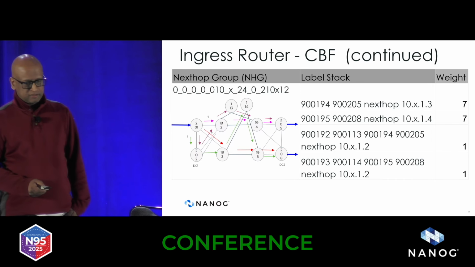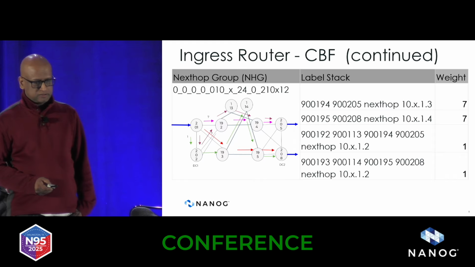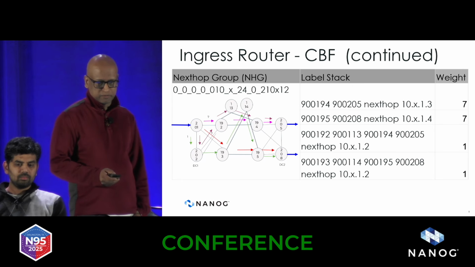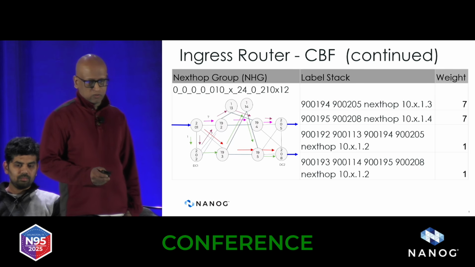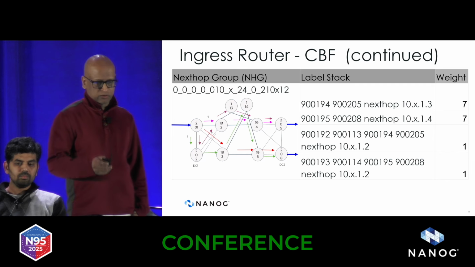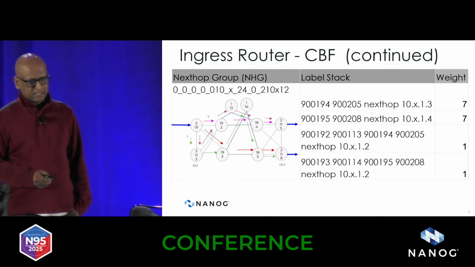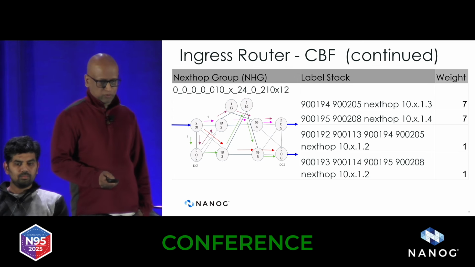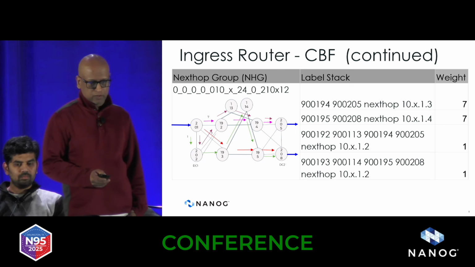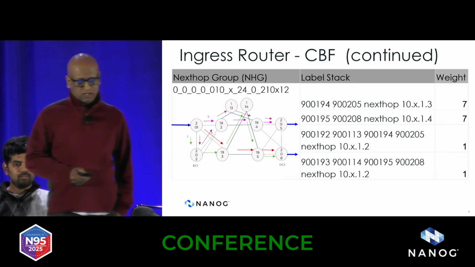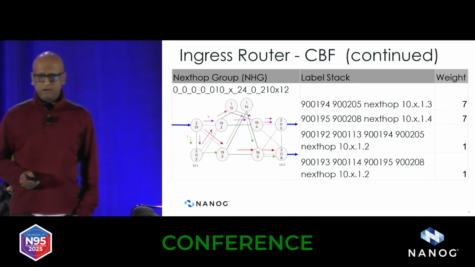You can see the next two paths are going to 202, the next hop 10x12, and in the labels, one of the paths goes to 192, which is on the top, then to 113, 194, 205, and the next one goes to the bottom, 202 to 193 to 114, 195, and 208. So this is how the next hop labels get programmed on the router by the controller.